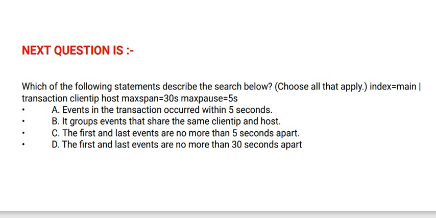Option C, the first and last events are no more than 5 seconds apart. And option D, the first and last events are no more than 30 seconds apart. The correct answer is option B.